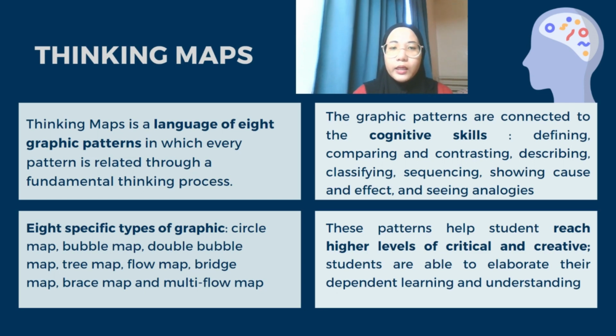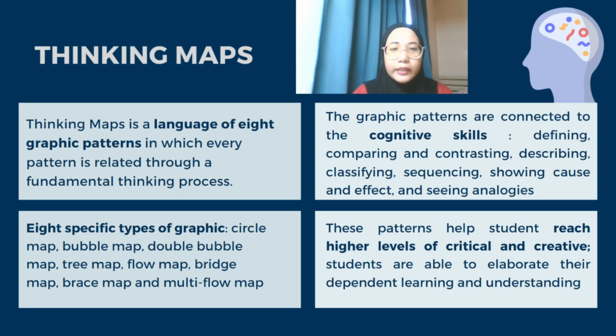So thinking map involves high order thinking skills, which include Benjamin Bloom's taxonomy of thinking.